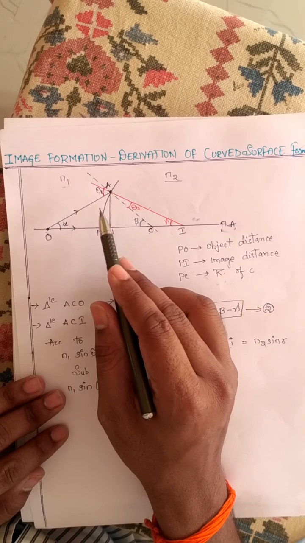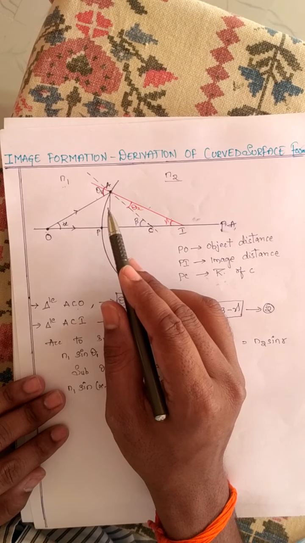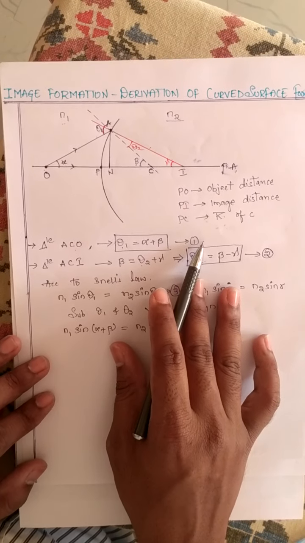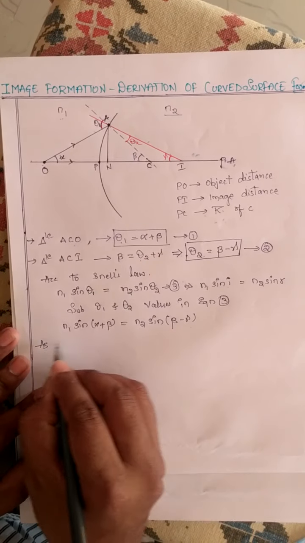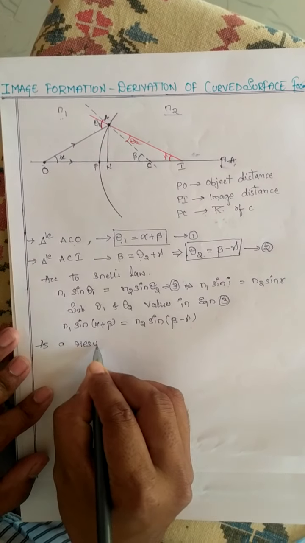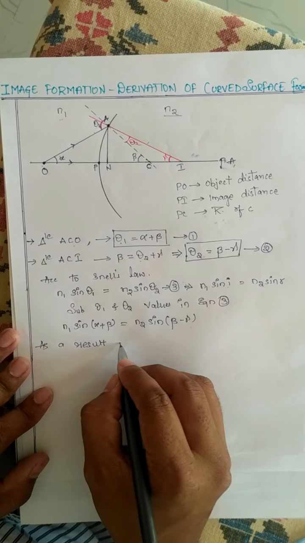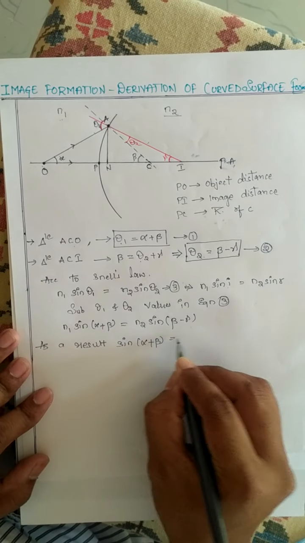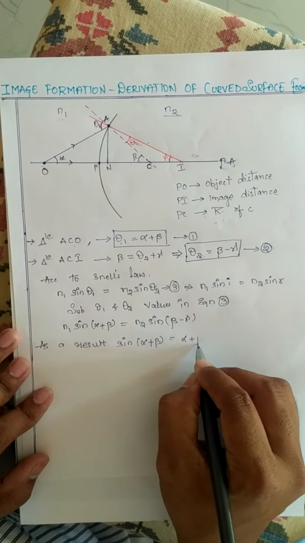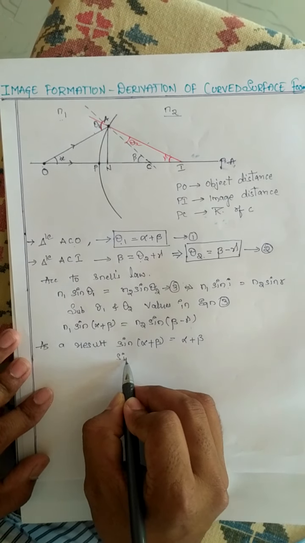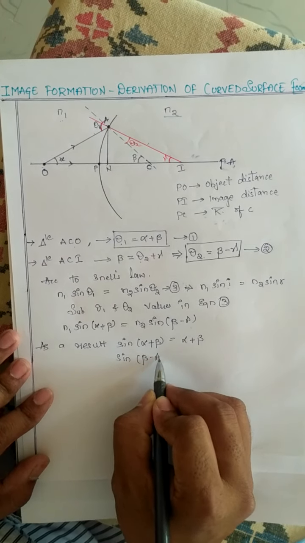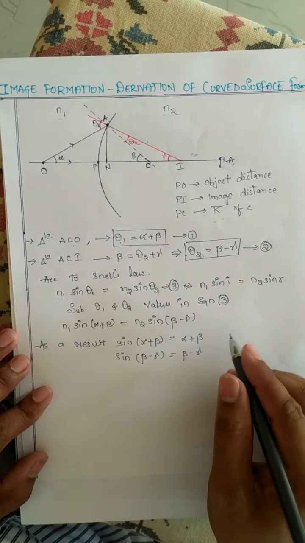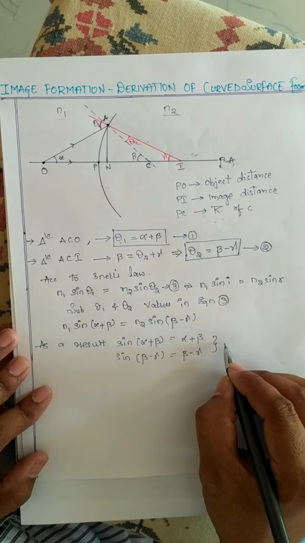This approximation is called the paraxial approximation. As a result, sine of alpha plus beta is equal to alpha plus beta, and sine of beta minus gamma is equal to beta minus gamma.